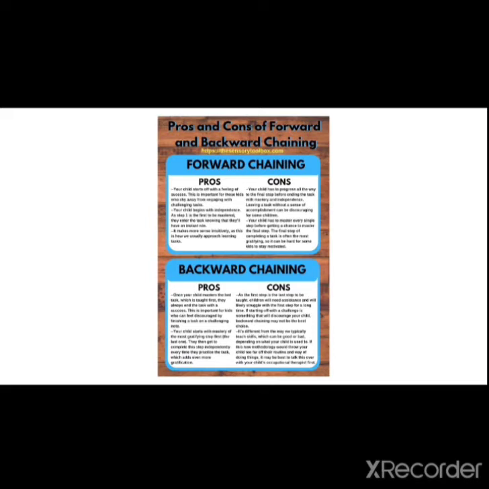So for instance, if we're teaching somebody to cook a recipe, you, the behavior therapist or the behavior analyst, are going to do the entire task except for the last step. Then the individual is going to do the last step, which is, say, taking the food out of the oven. That's going to be the last step. It brings them to that reinforcement of, oh, now I get to eat my food.